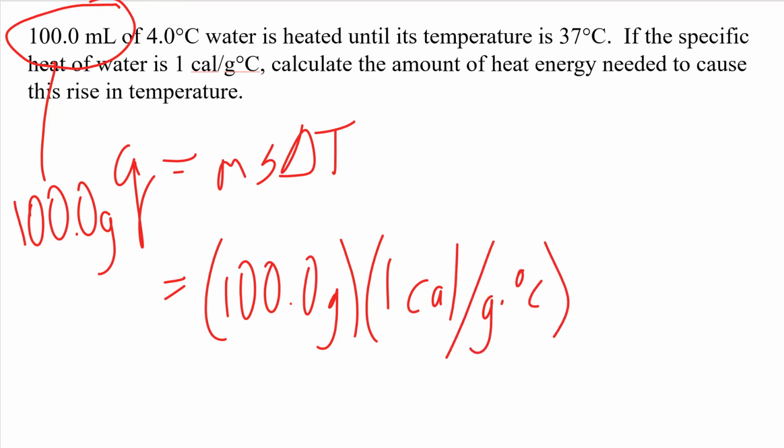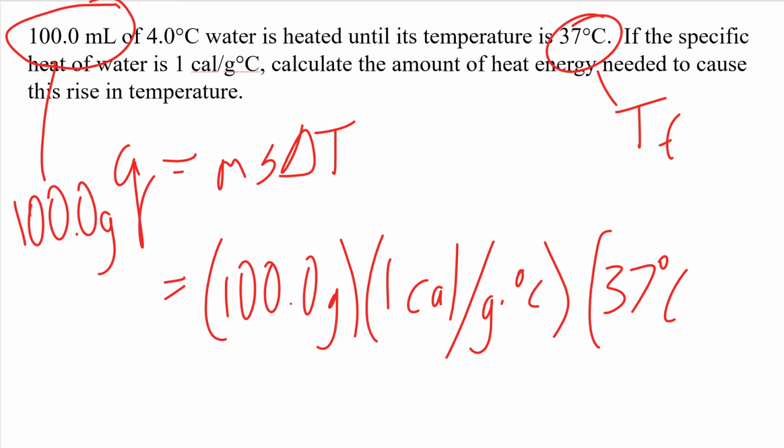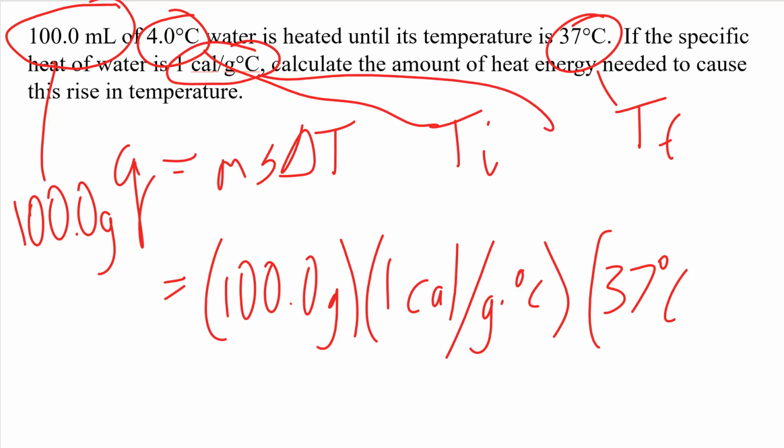And then the TF is 37 degrees, right? This is the TF. And this one is TI, because it's where it started. This value, as I've already plugged in, is the S, because it says specific heat capacity. So 37 minus 4.0 degrees Celsius. And then you do 100 times 1 times 33, which is what you get from this.